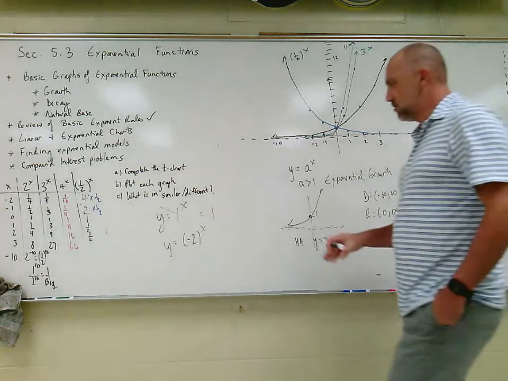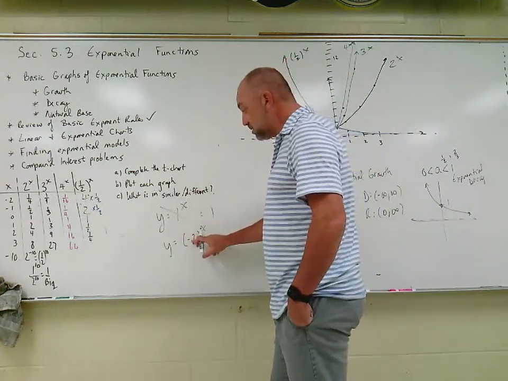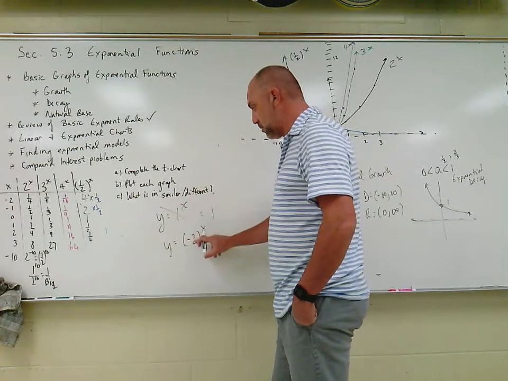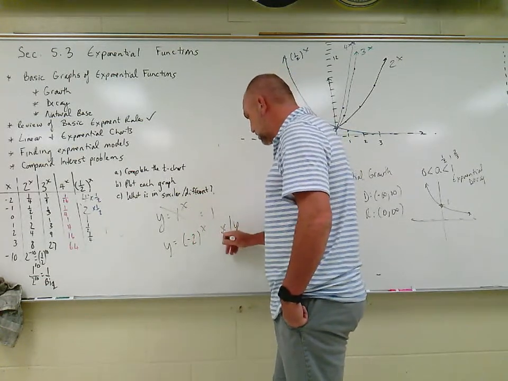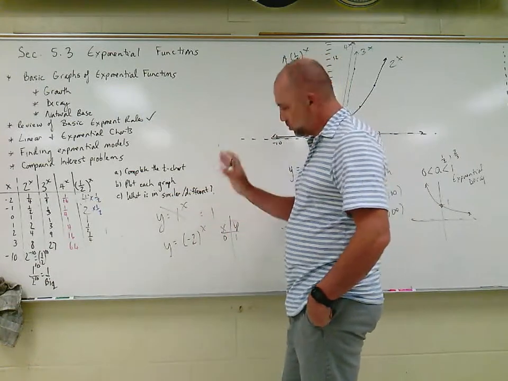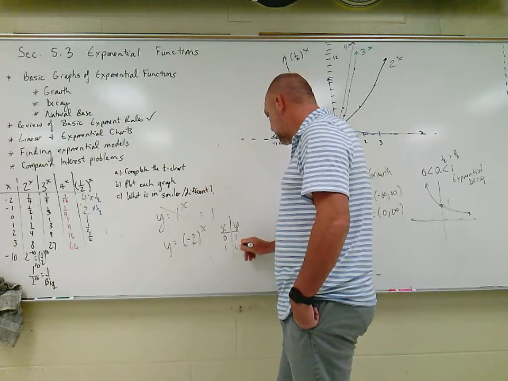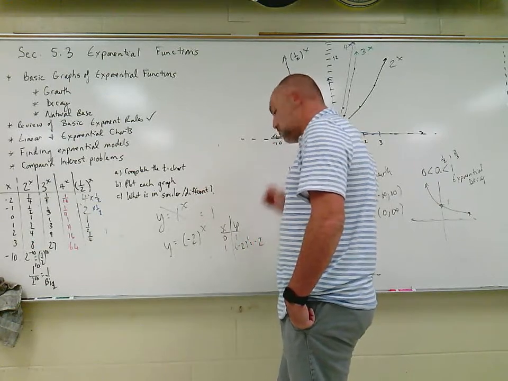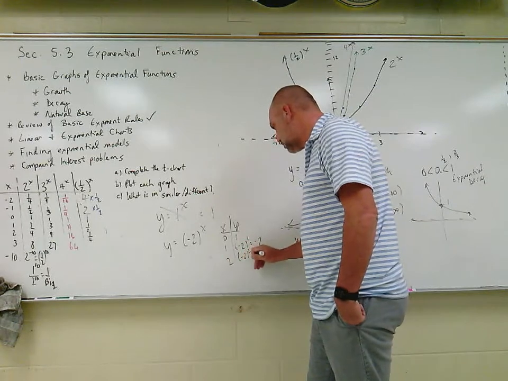Here's what would happen. Think if you try to make a t-chart for this, where the base itself is negative, not a negative in front, but the base is negative. If I plug in 0, I'm good, I get 1, because we know anything to the 0 power is 1. Look what happens if I plug in a 1. Negative 2 to the 1 is negative 2. But then if I plug in a 2, I get negative 2 squared, which is 4.